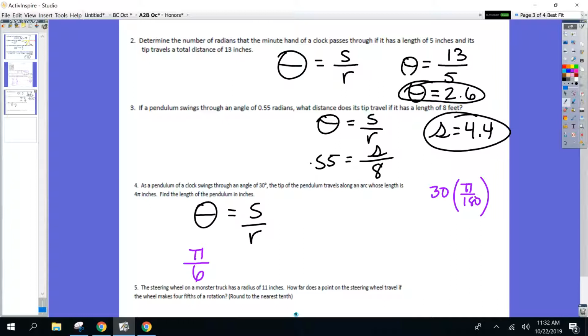Everyone all right there? It has to be in radians before you use this formula. And now what's this 4 pi inches? That should be the length it travels, which is S. And we're solving for the length of the pendulum, which will be R, excuse me.